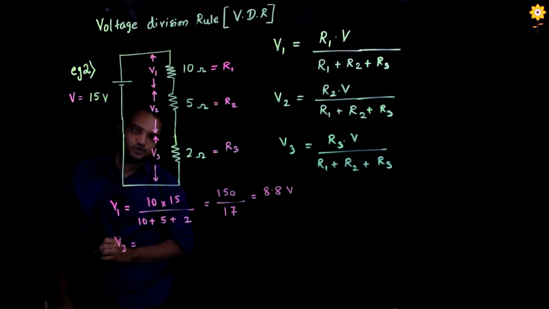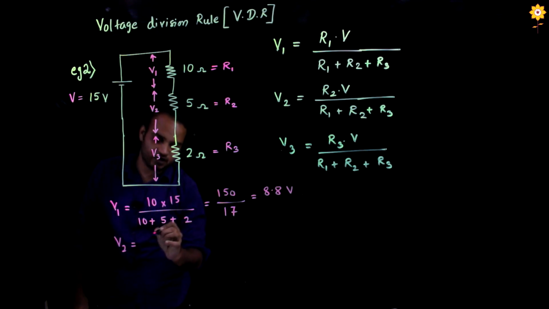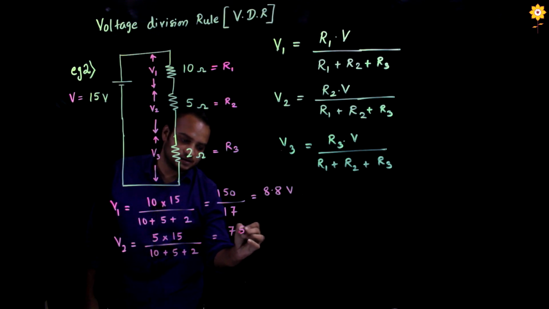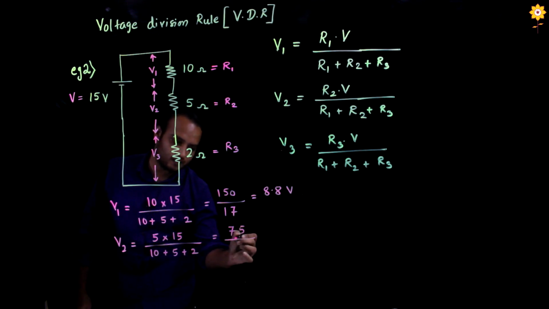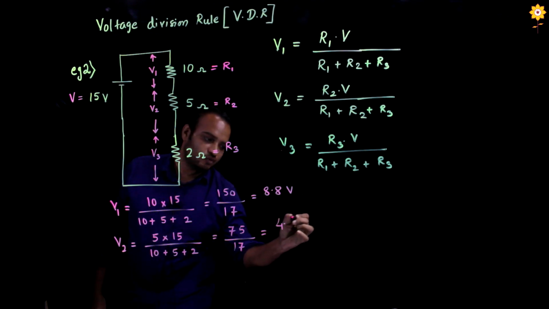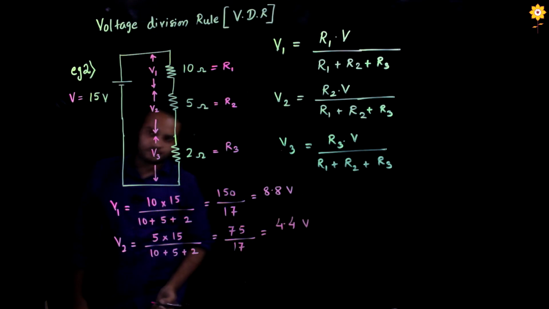If I want to calculate V2, that is the voltage across 5 ohms, so 5 into 15 divided by 10 plus 5 plus 2, so that is 75 divided by 17, so we will get roughly around 4.4 volts.